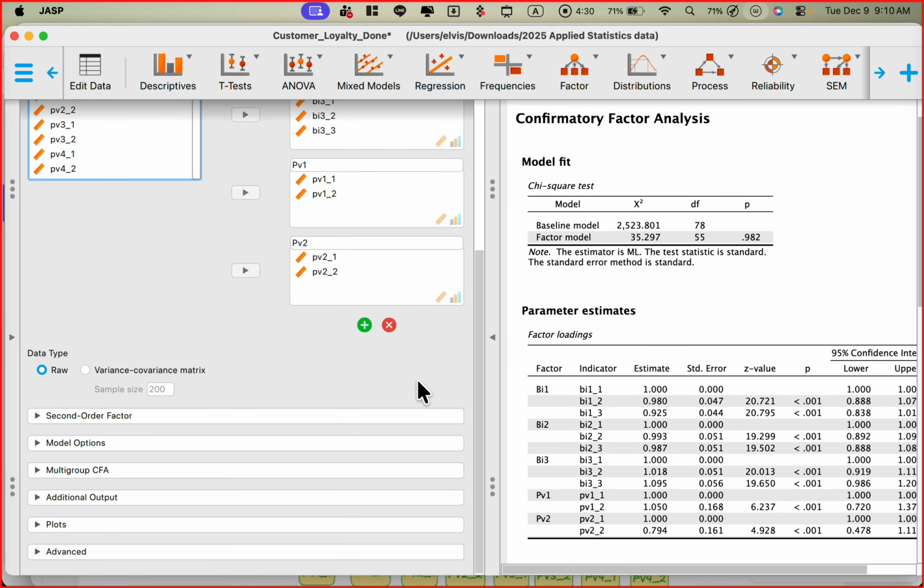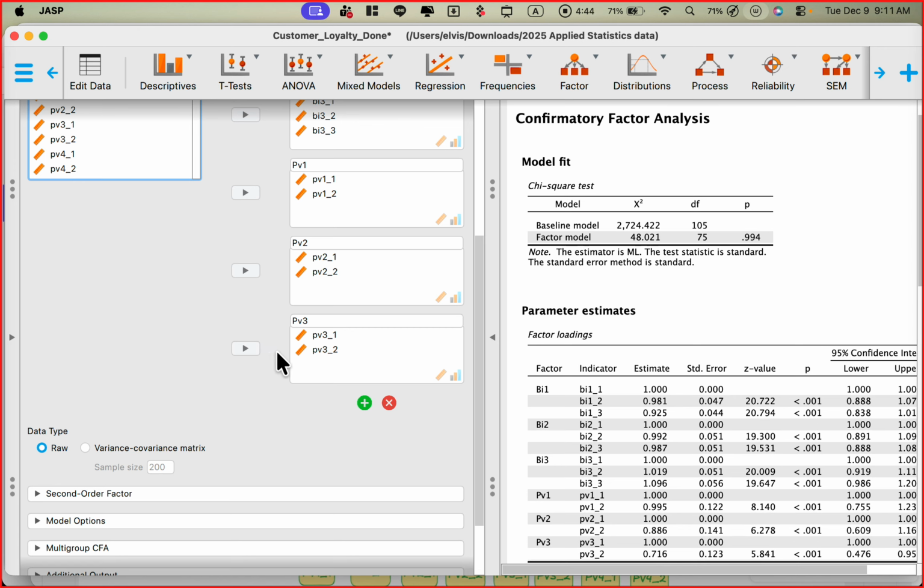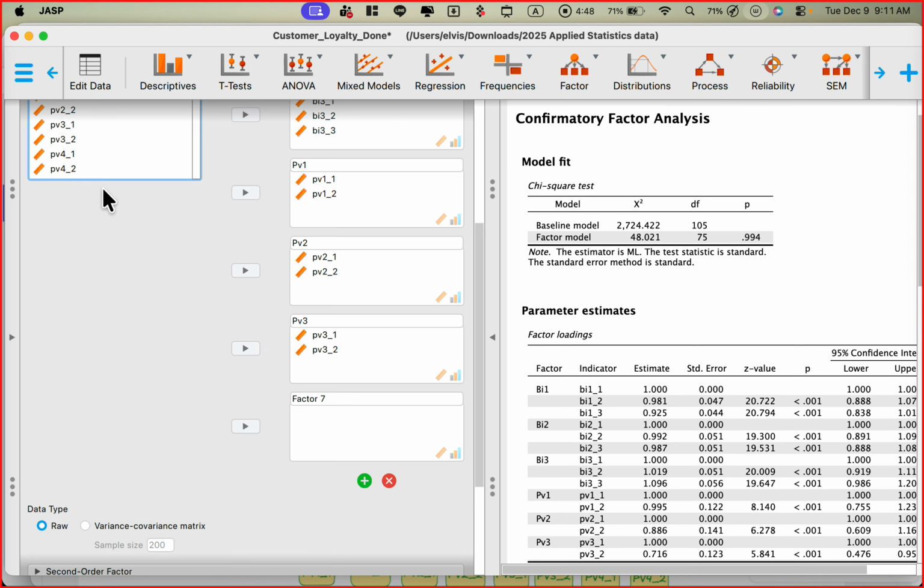Add a factor, PV3. Also 2 indicators. Okay. Let's rename it PV4.